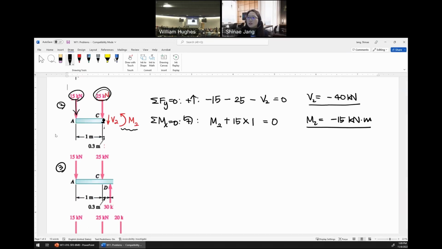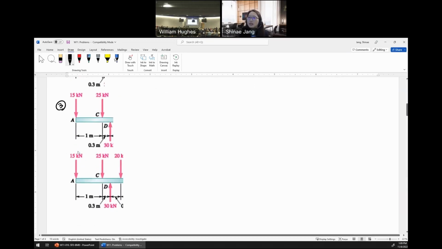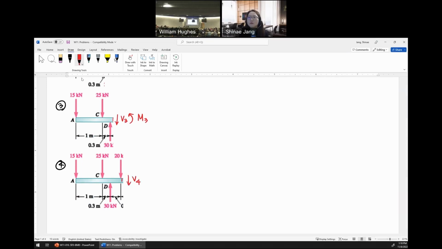Okay, then for the third cut section and fourth cut section, I'll give you about 2 minutes to solve the equilibrium equations. I give you the directions of the unknowns here: V3, M3, and here V4 and M4, right?